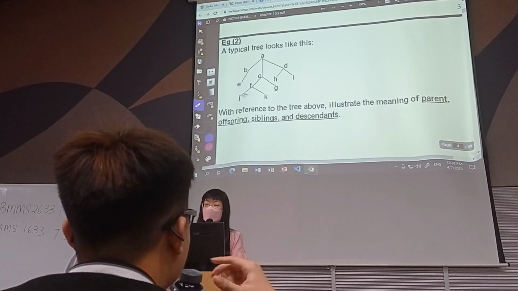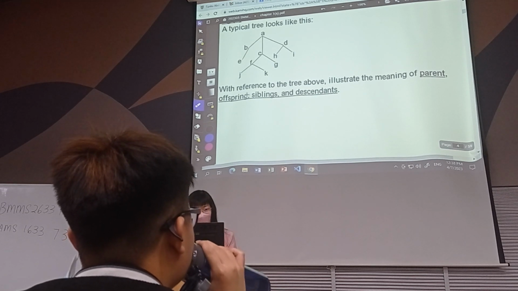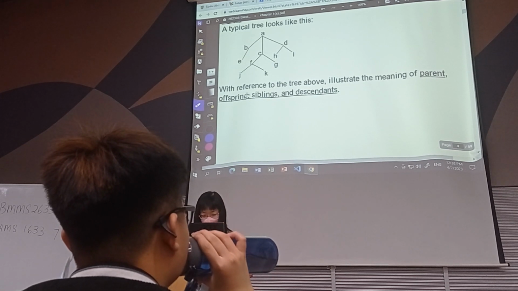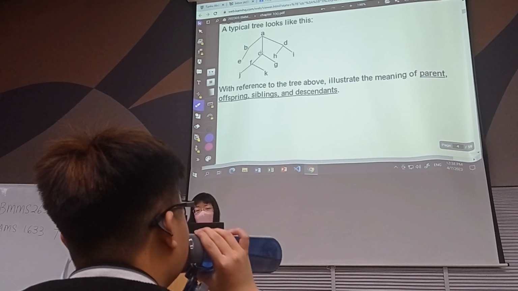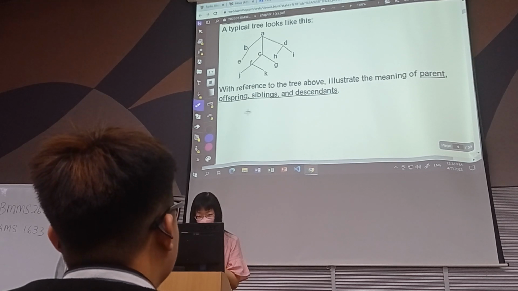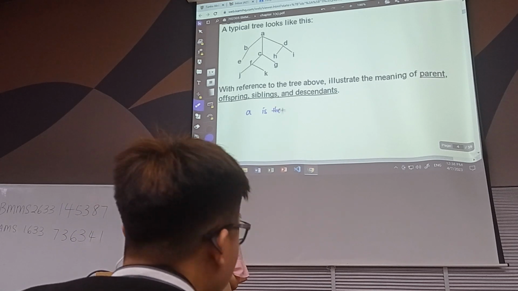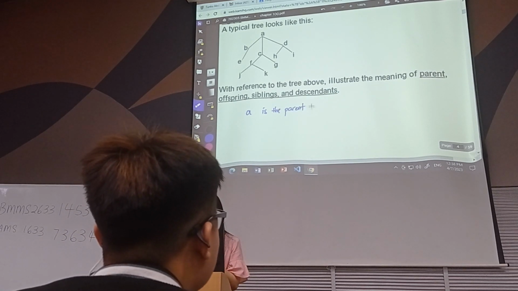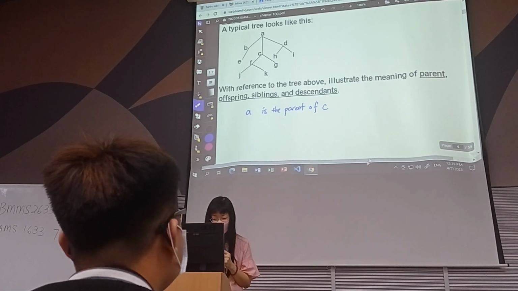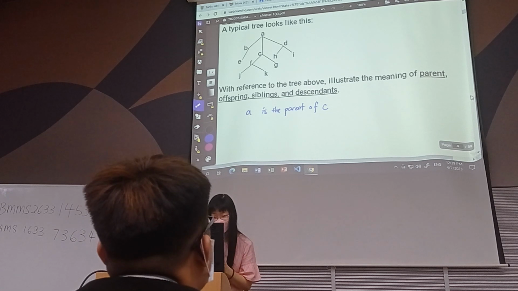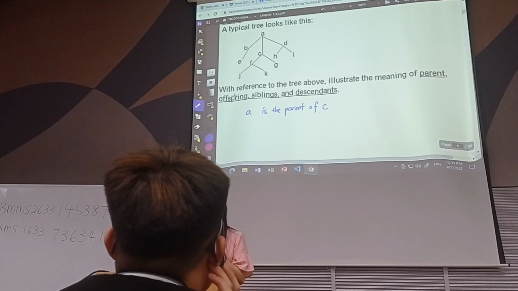Okay? Now, can you give me an example? Which one is the parent of which one? Who is the parent of C? A. A is the parent of C. Now another word that we use for the children is offspring.